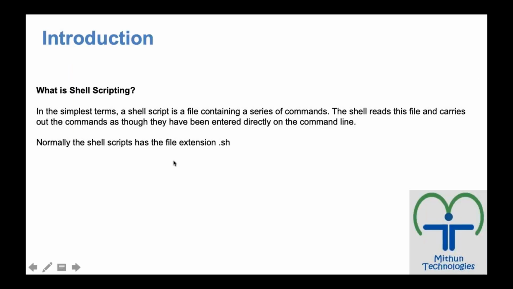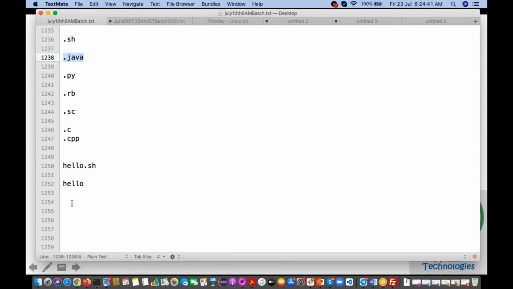So see, in simplest terms, a shell script is a file containing a series of commands. See, hello.sh is one shell script. Here we can write commands. Echo hello everyone, echo good morning, good afternoon, good evening, right?